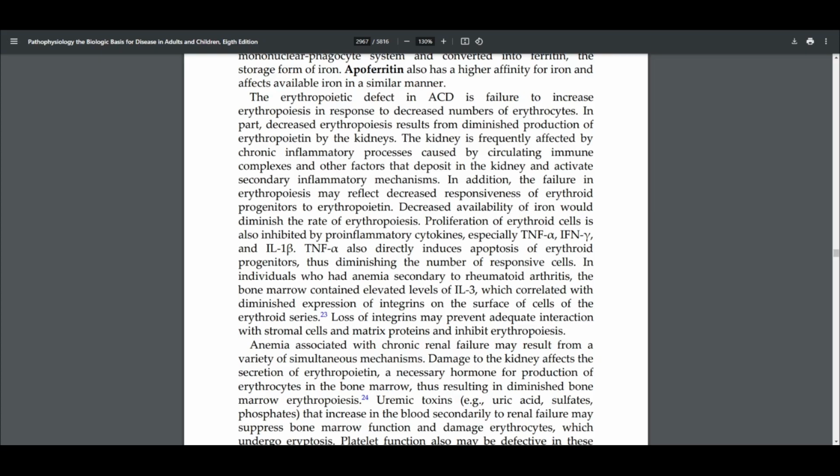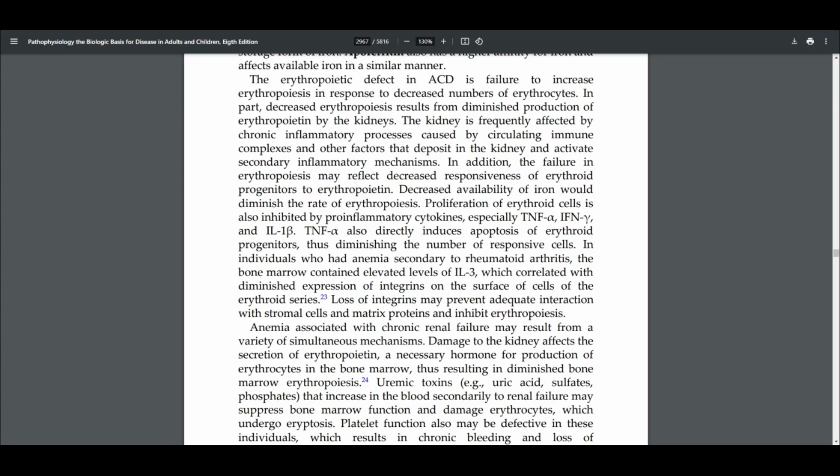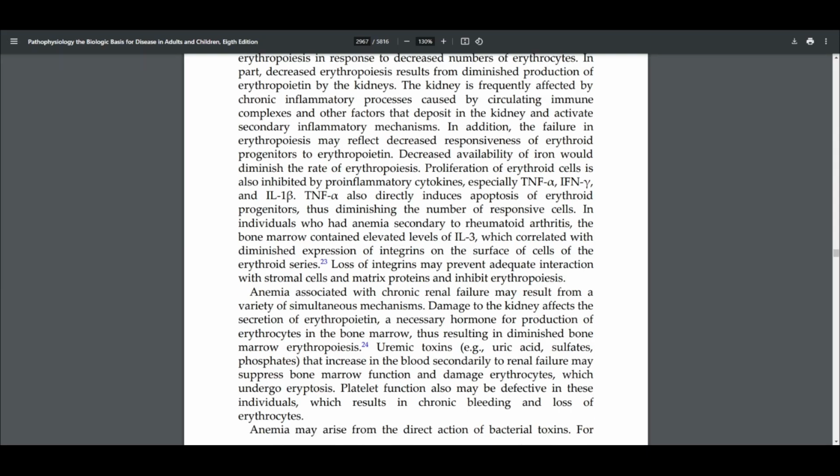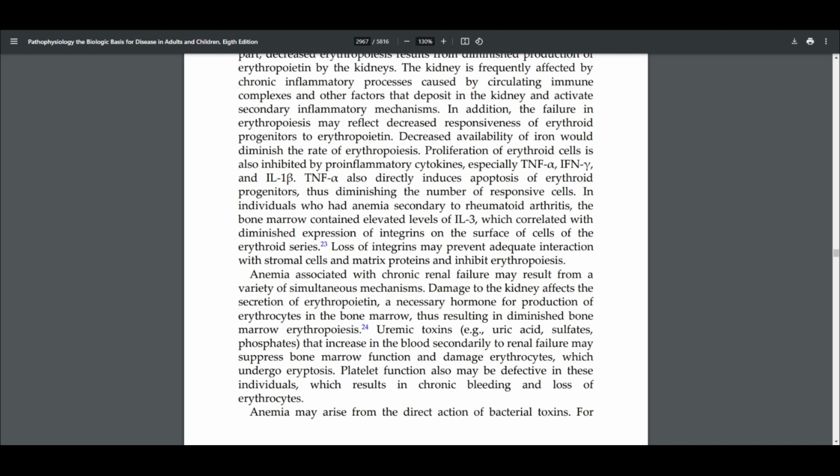The kidney is frequently affected by chronic inflammatory processes caused by circulating immune complexes and other factors that deposit in the kidney and activate secondary inflammatory mechanisms. In addition, the failure in erythropoiesis may reflect decreased responsiveness of erythroid progenitors to erythropoietin. Decreased availability of iron would diminish the rate of erythropoiesis.